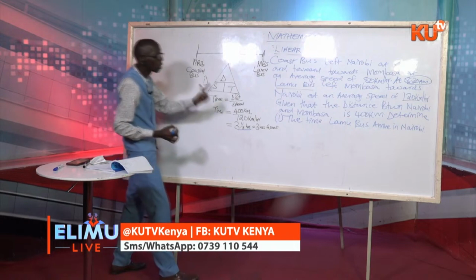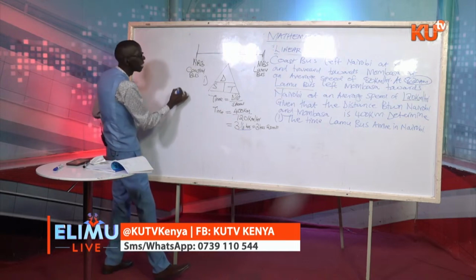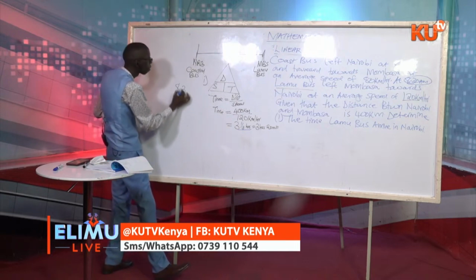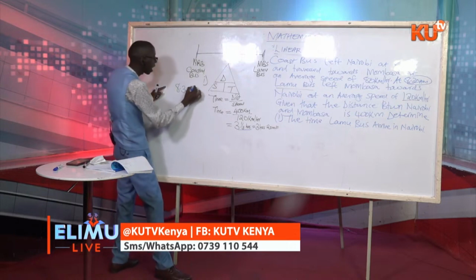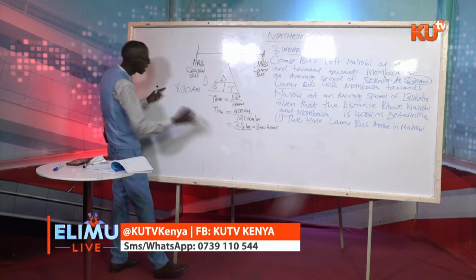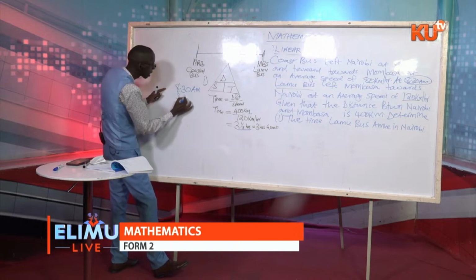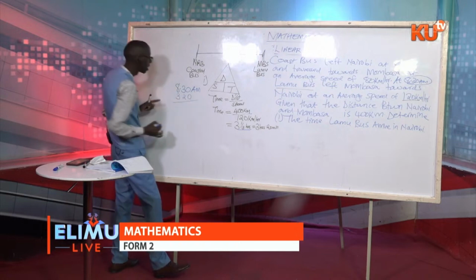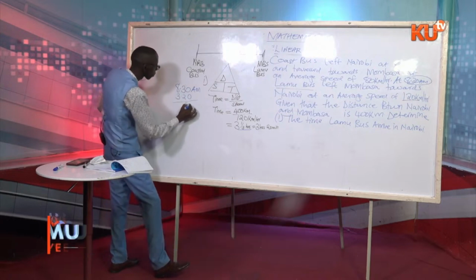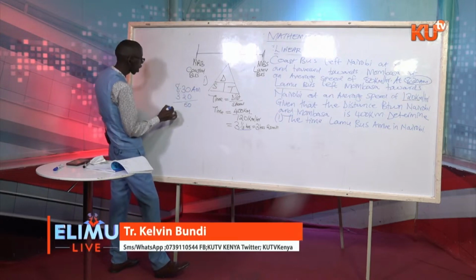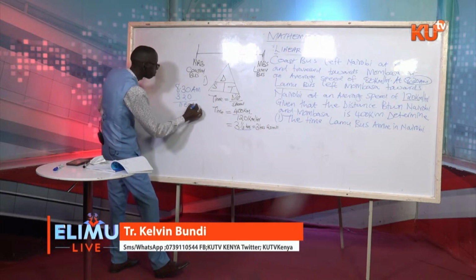Therefore, to get the time the Lamu bus arrived in Nairobi, we take the time of departure from Mombasa, 8:30 a.m., and add the time it took to arrive in Nairobi, which is 3 hours 20 minutes. 30 plus 20 is 50, and 8 plus 3 is 11.